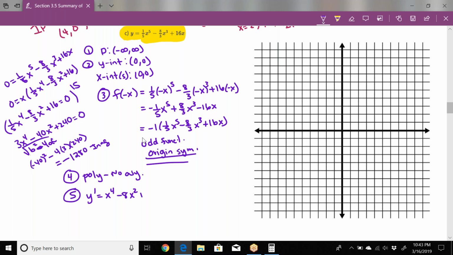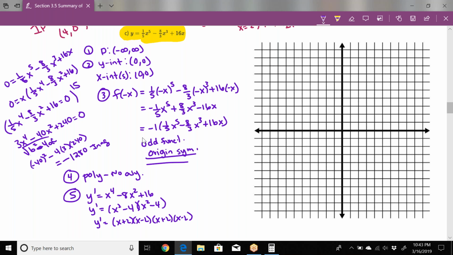And 16x's derivative is just 16. So notice this comes out nicely. And this factors into x squared minus 4 and another x squared minus 4. And then both of those factor into x plus 2, x minus 2, x plus 2, x minus 2.